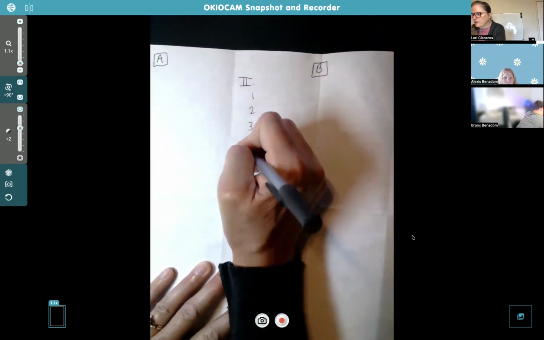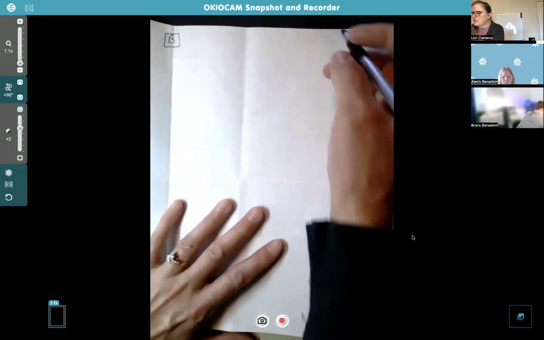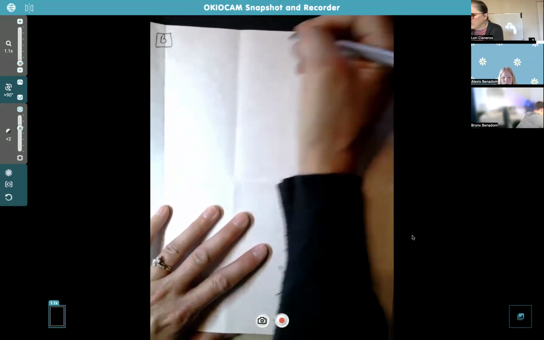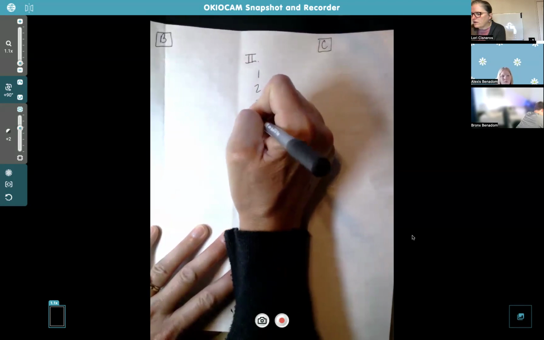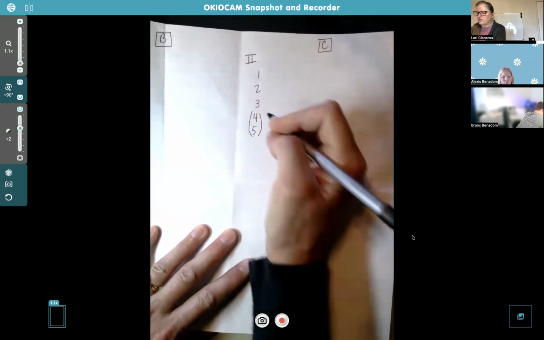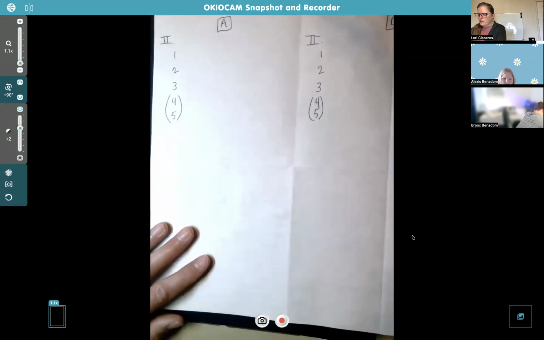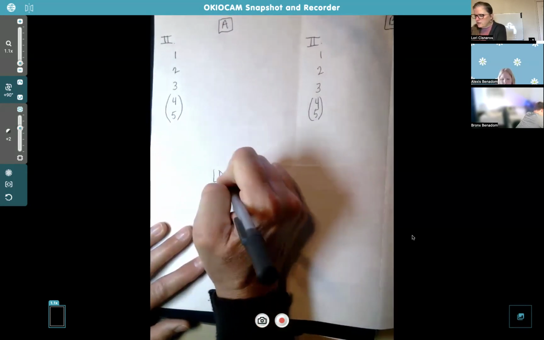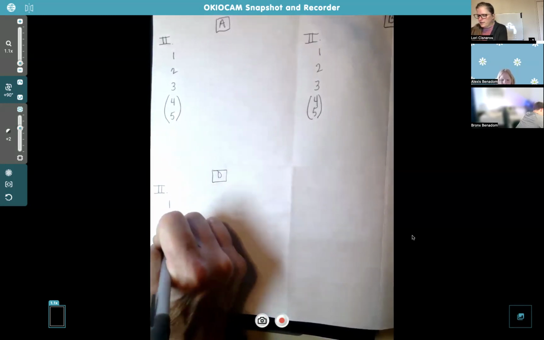Go ahead and set it all up, and then we'll start working on it together. And then C, Roman numeral 2 again, 1 through 5. Make sure you spread out 1 through 5 so it's not too scrunched. Kind of spread it out a little bit. And we do have a D. So go ahead and do D also and Roman numeral 2 again.